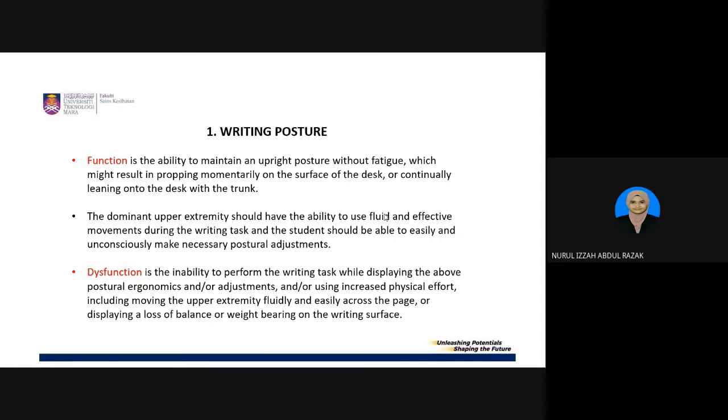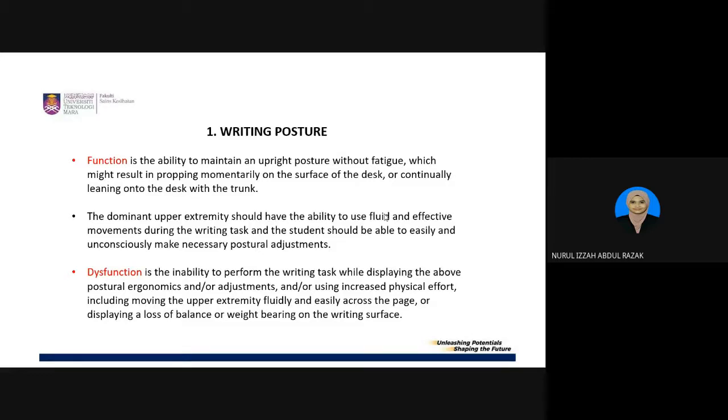Then the dominant upper extremity should have the ability to use fluid and effective movements during the writing task, and the student should be able to easily and unconsciously make necessary postural adjustments.